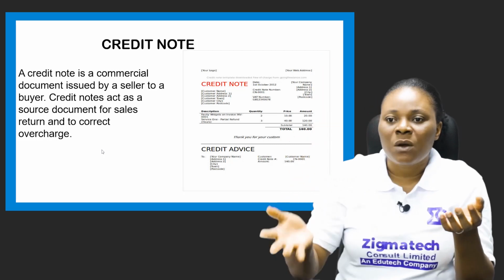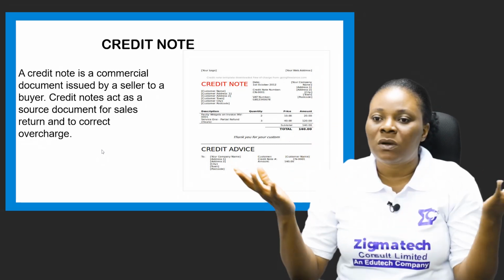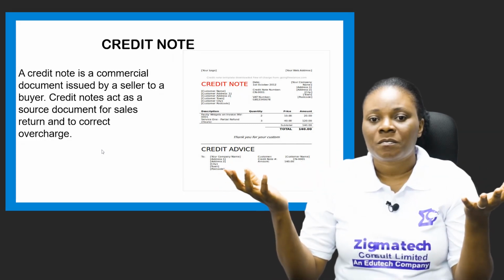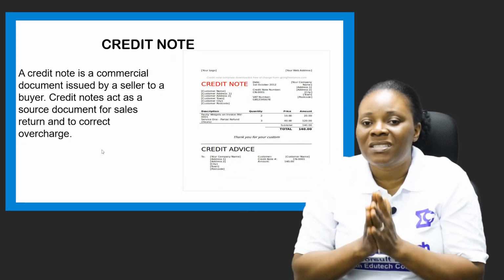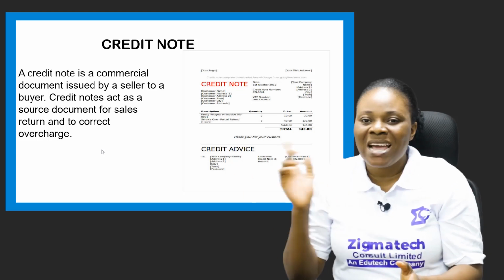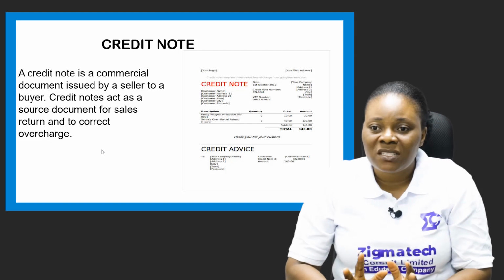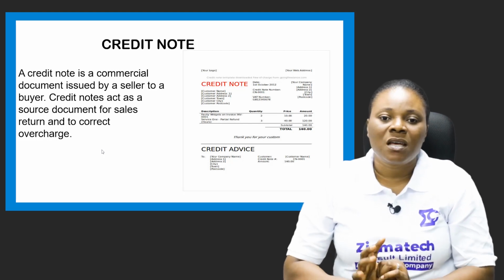Maybe while the person was calculating, he doubled a particular amount and now you have even paid for it. So once the mistake or error is detected, the money has to be returned to you, because you have been overcharged and you have paid for it as a buyer.